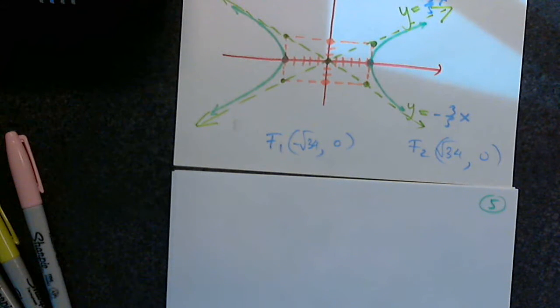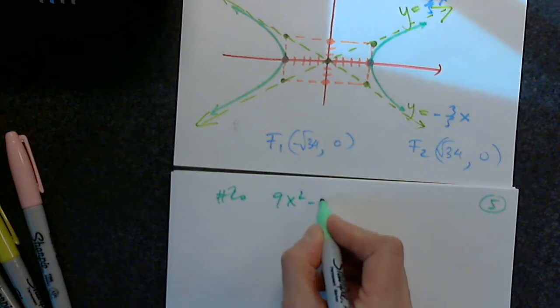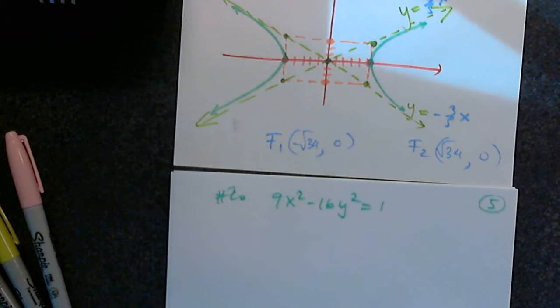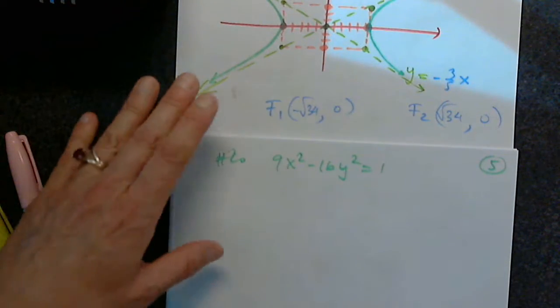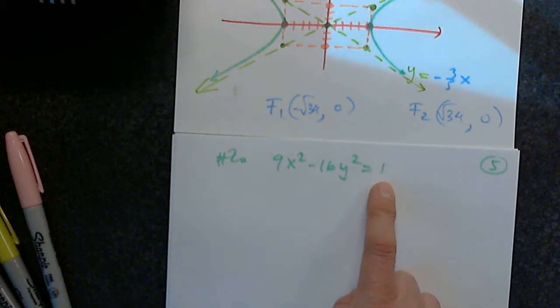How about 20? Okay, very good. 9x squared minus 16y squared equals 1. So obviously I have 1 on the right-hand side, which is good.